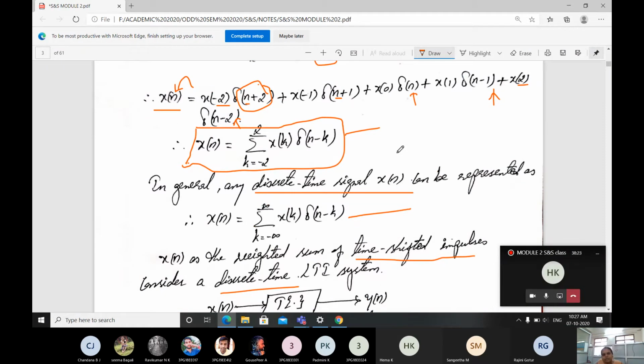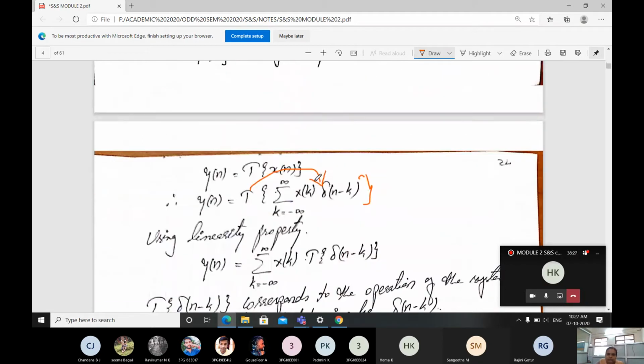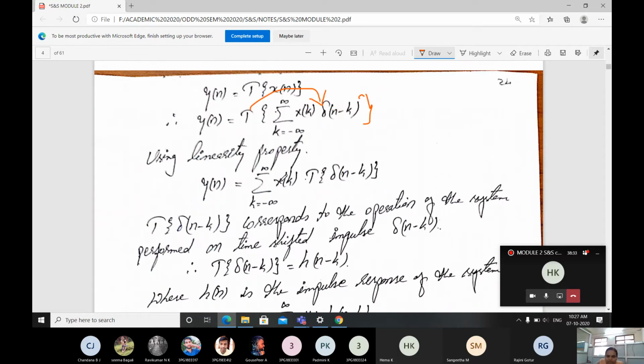Time may be shifted by 2 positions, 1 position, or 0 position. For that reason the operator is applied only to the impulse, not to x of k. So y of n is summation k equals minus infinity to plus infinity, x of k T of delta of n minus k.